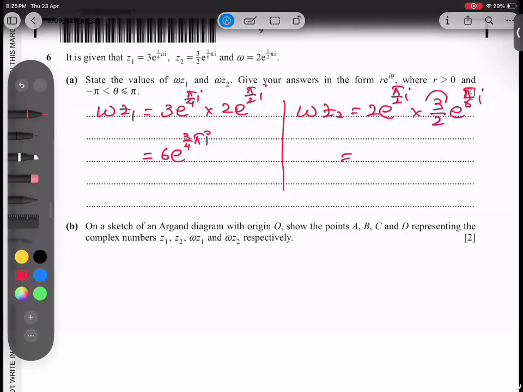So when they multiply, 2 cancels, we get 3. Okay, and what about this? Pi by 2 and pi by 6, if I add 1 over 2 plus 1 over 6, we basically get 2 by 3, 2 pi by 3. So 2 pi by 3 we're getting, okay?